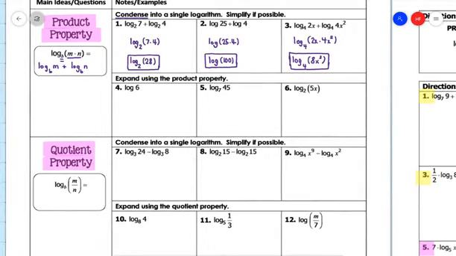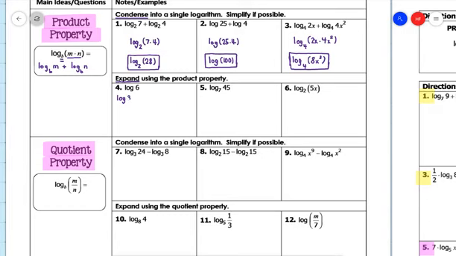So now in the next section, 4 through 6, we're expanding. So we're going to get one single log and we want to expand it as much as we can using the product property. So in number 4, we have a log base 10 of 6. What two numbers could we use that multiplied together would give me 6?